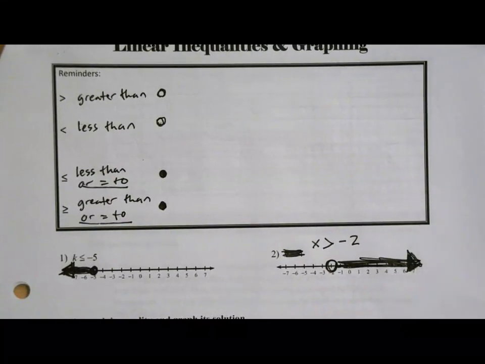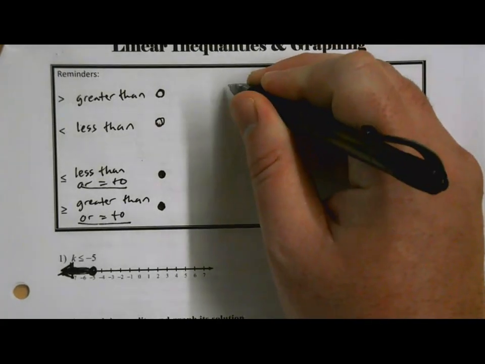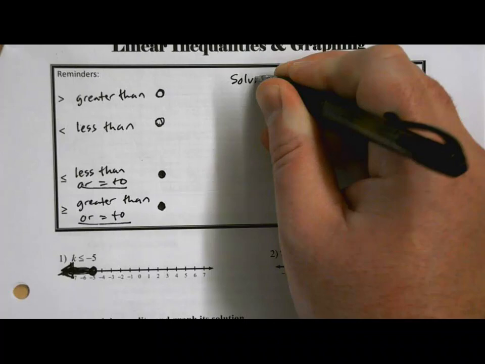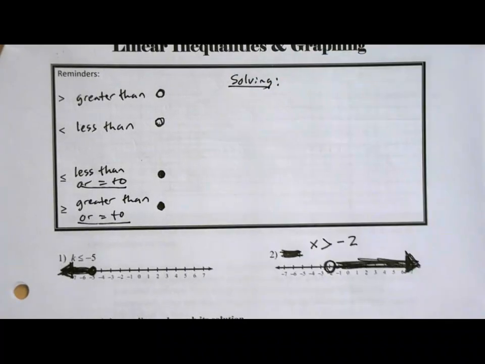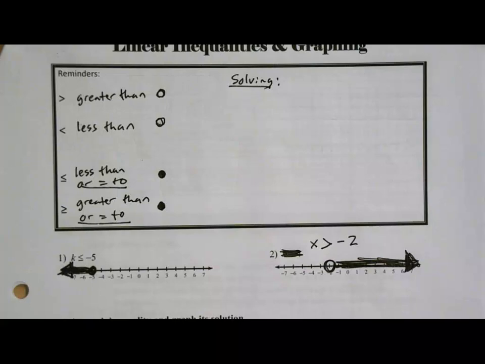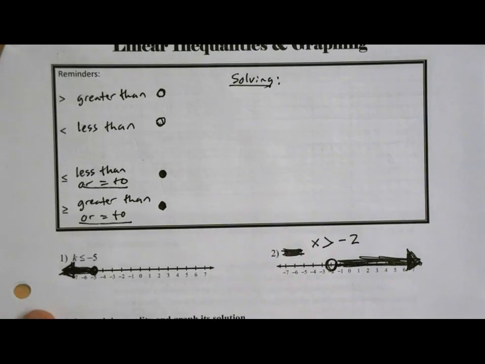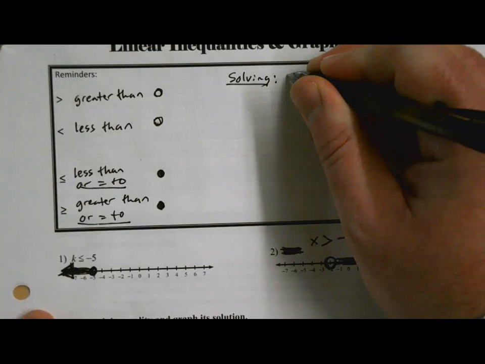Next, we're going to go over solving. And I'm going to put some notes up here. When we solve inequalities, it's the same way that we solve equations, except for one thing. And we're going to write this down.